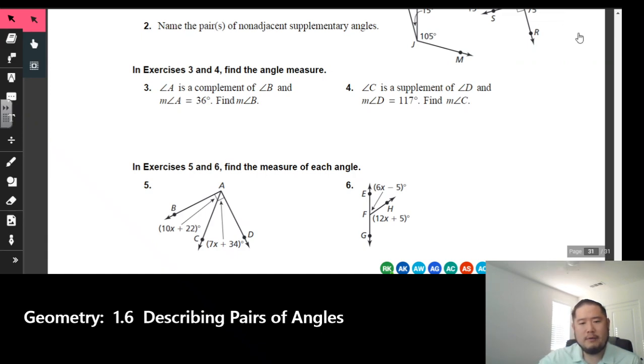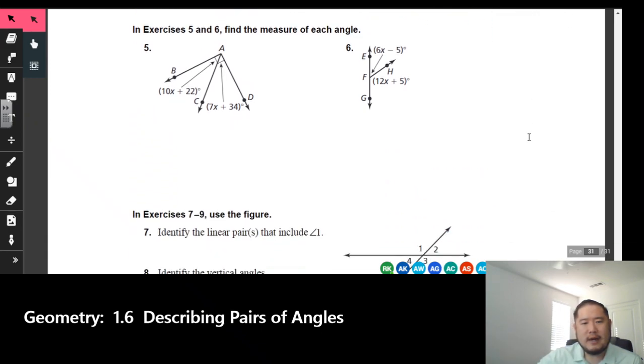All right, next up on number 5. It says find the measure of each angle. They're not telling you whether they are supplementary or complementary, but you should be able to figure that out. Number 5 right here, I look at angle BAD. This one right here has this symbol, so that should tell you that they're complementary.